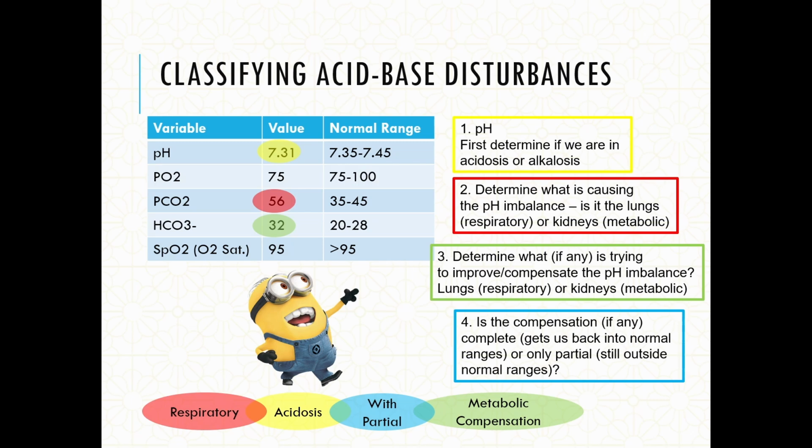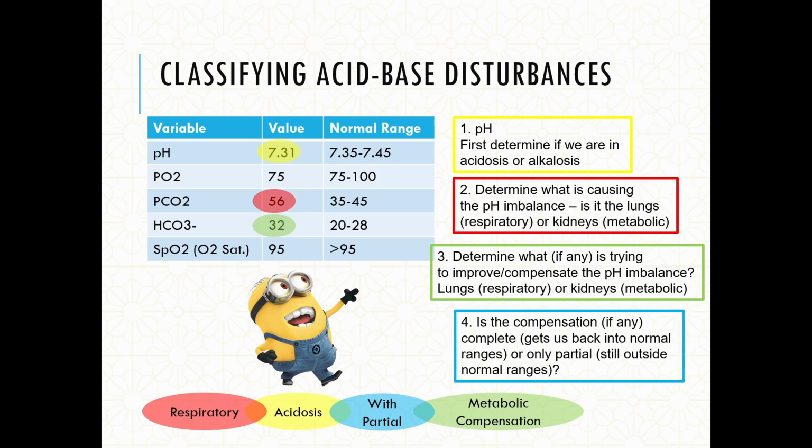If this were a fully compensated acidosis, what we would actually see is that that pH level would be just inside the normal range. So that would be 7.35, maybe 7.36, and we would see still that high PCO2 and high bicarb.